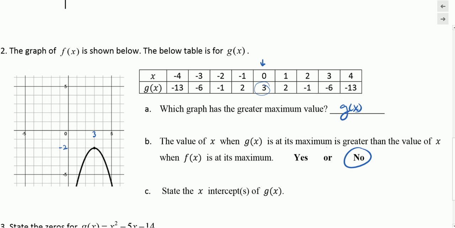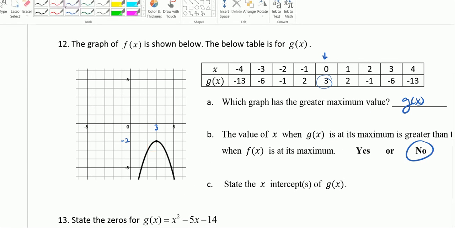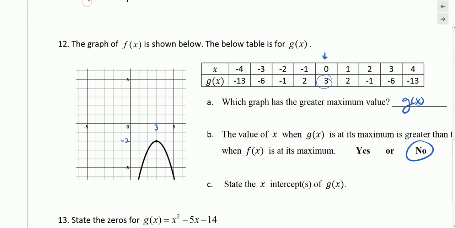State the x-intercepts of g of x. X-intercepts have a y value of 0. And so if we look at g of x, I'm going to actually graph a little bit of g of x on our graph so we have a visual. So the vertex is at 0, 3.